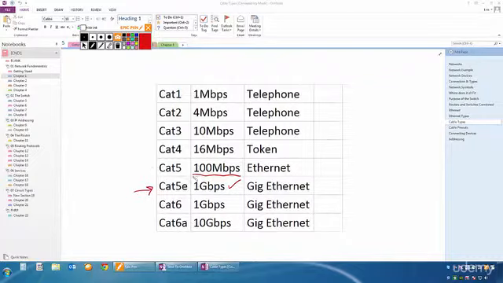Wait a minute, Kyle, are you telling me that I can actually take a Cat 5 cable and just open it up and twist more and run 1 gigabit per second? Yeah, good luck. But yeah, you could do that, and it'll be fine. The pinouts are different on the 1 gigabit per second as well, so you have to be careful of that. Normally I would just hook the cables anywhere I want.